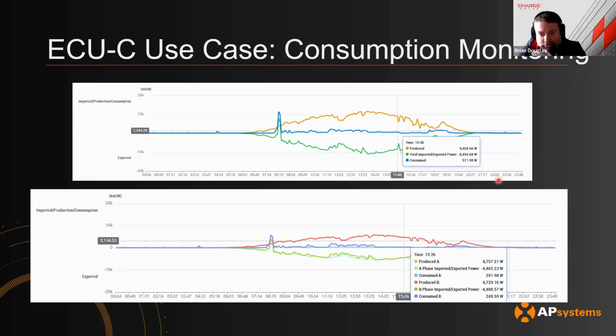Okay, then they want to know, are there specific specs for the CT? Can you use off-the-shelf CTs, or are there specific ones that are a requirement for a larger than 80 amp or 100 amp application? Good question. The quick answer is use APsystems CTs because we have the CT ratio set correctly.